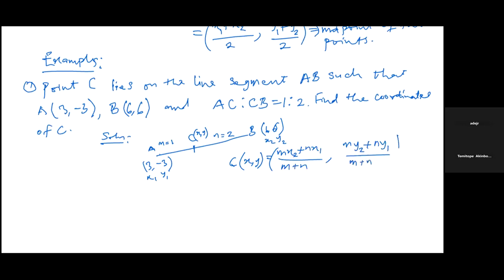I will now substitute the value of M and X2, N and X1.